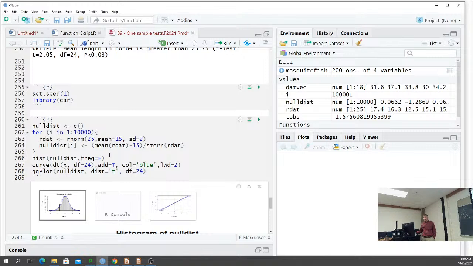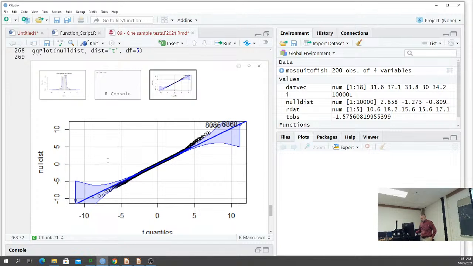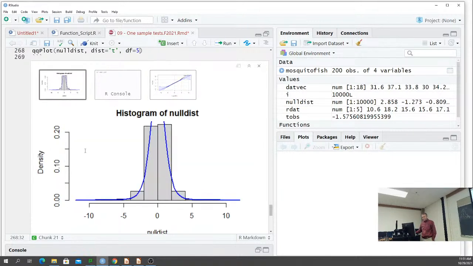And we can change it. So if I change this to, instead of a sample size of 25, a sample size of 5. Now we're changing that. And now we should see much more variation in our data.